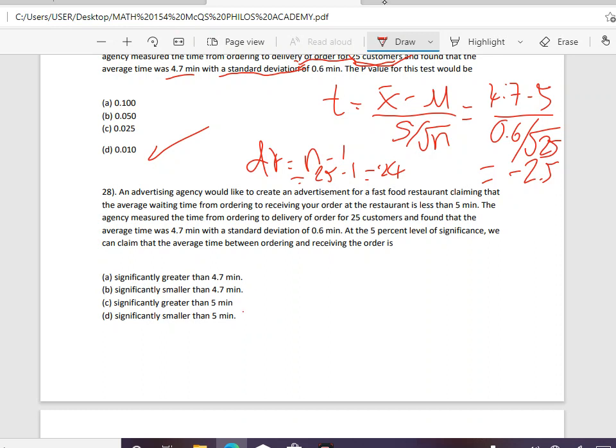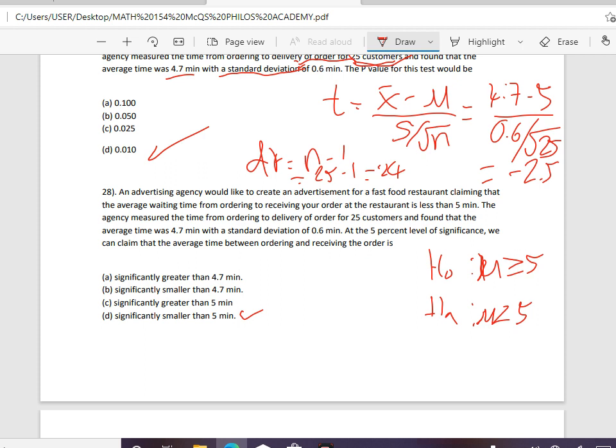Here, the answer is D. The reason is, you have H0 and HA. There is a statement of inequality here, less than, and it goes for the HA. So the mean is less than 5, and H0 is saying that the mean is greater than or equal to 5.